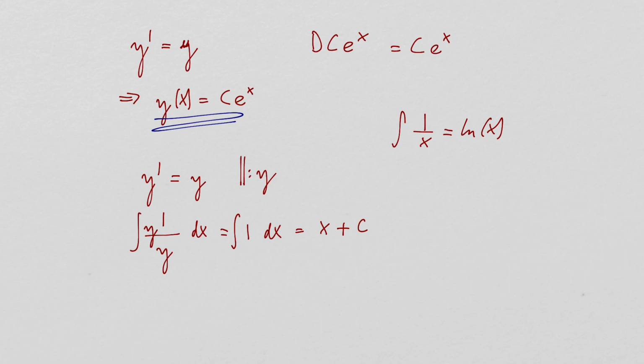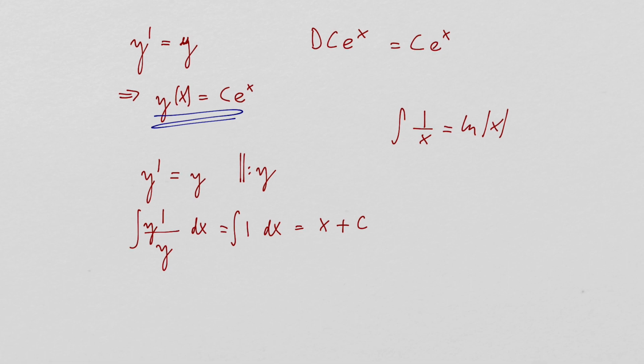Actually here, let's see, ln absolute value of x. Okay. So we have that ln of absolute value of y is equal to this. Let's take both sides and put them to the exponential.